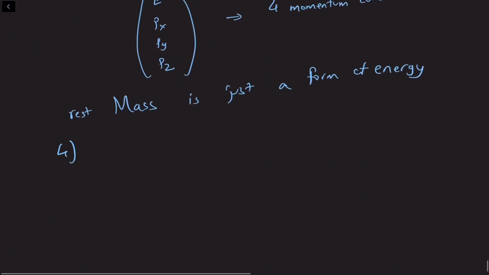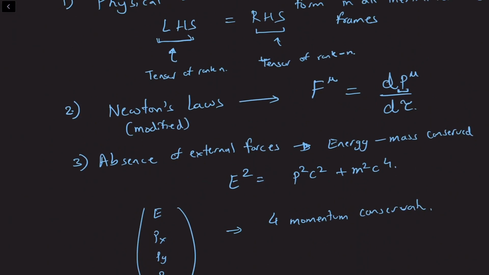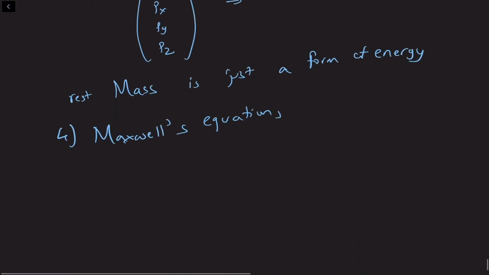And finally, we saw that Maxwell's equations can be written in a way where the physical law has the nice property that the left-hand side transforms as tensors of a particular rank and the right-hand side transforms as tensors of a particular rank, provided we correctly identify the components of the electromagnetic field strength tensor.